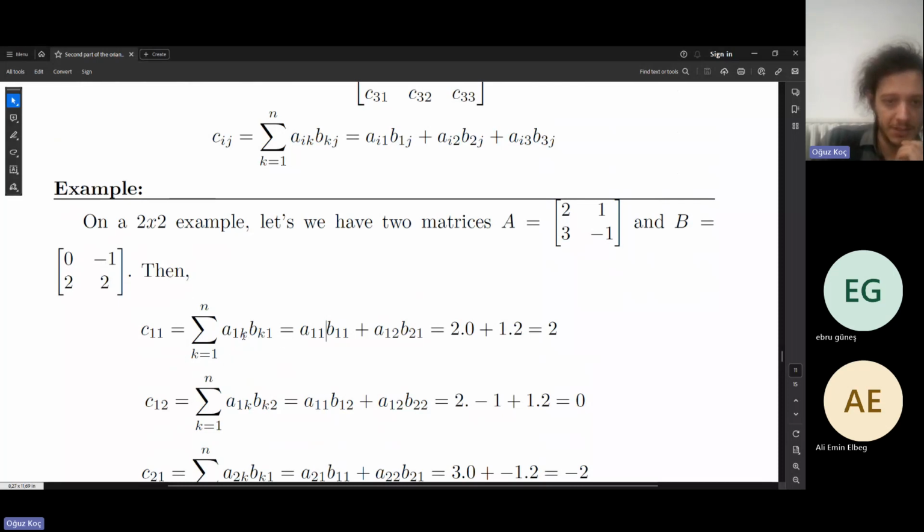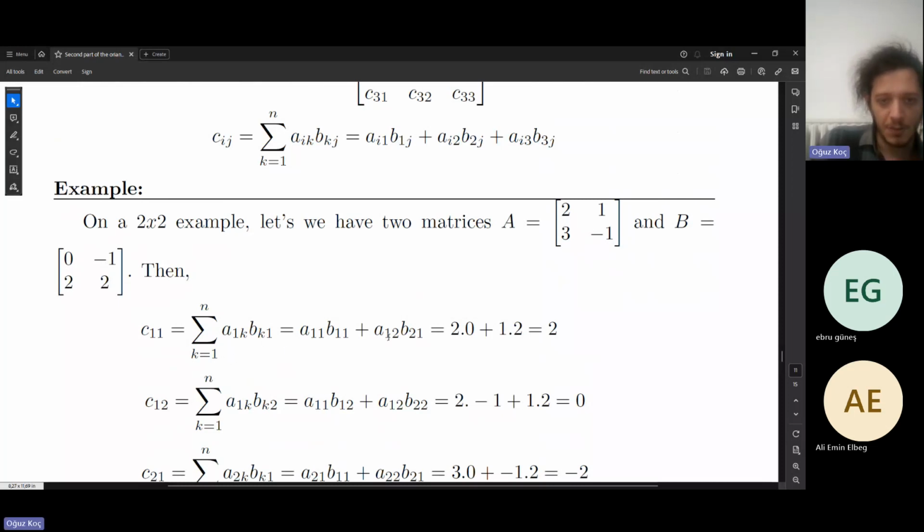We need to calculate A11 times B11. And then plus, since it's a summation symbol, we need to sum those values for different k values. We already said that n is equal to 2 in our case, because those are 2 by 2 matrices.